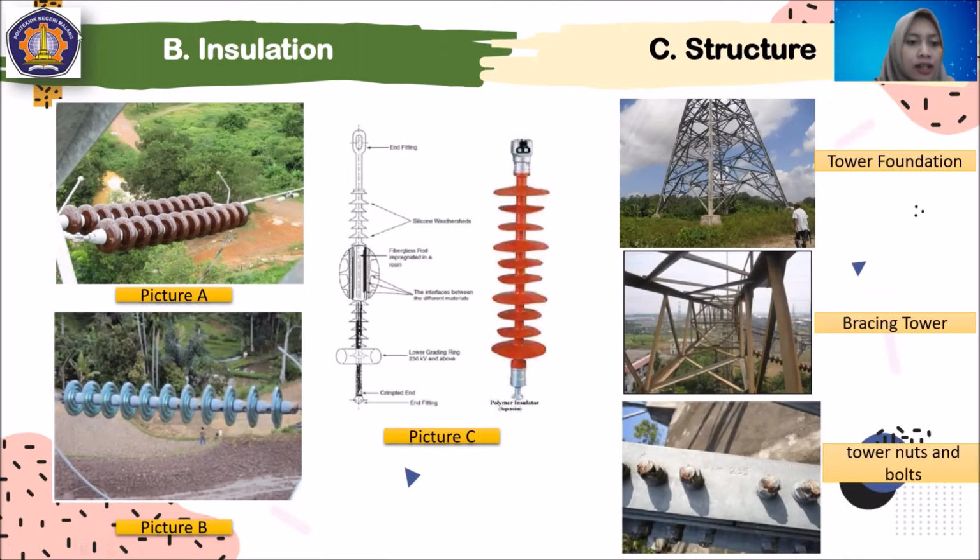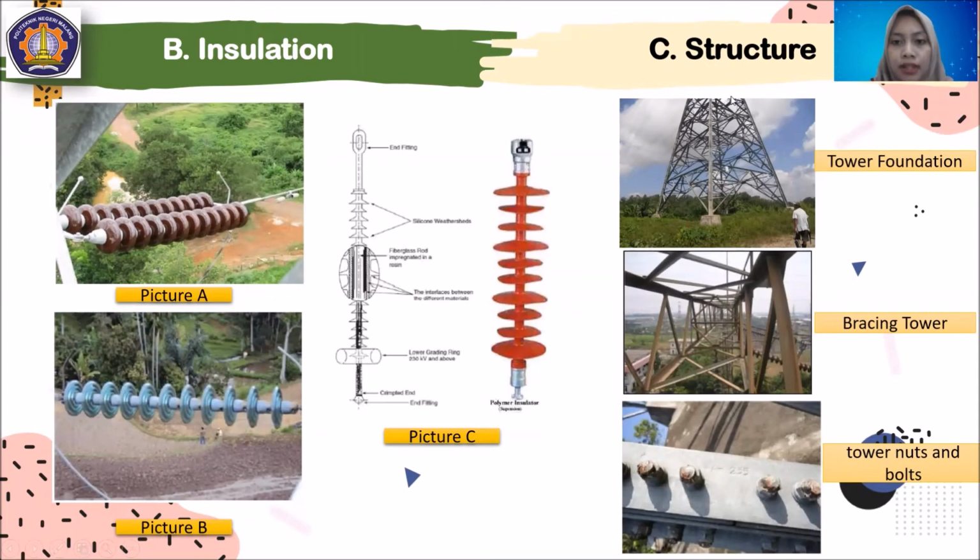There are 1, ceramic insulation in this picture A, and then non-ceramic. Non-ceramic includes glass insulation in this picture B, and polymer insulation in picture C. And 3, air insulation or ground clearance around the conductor wire.